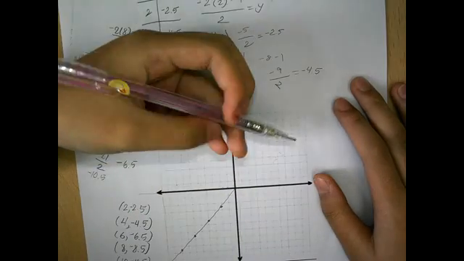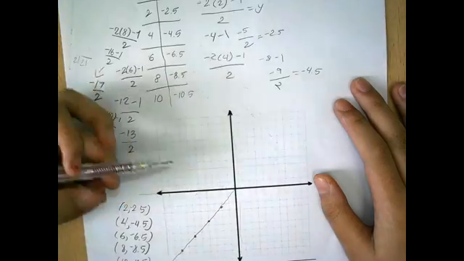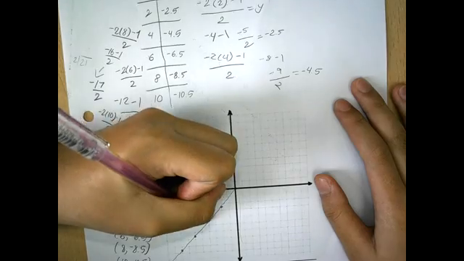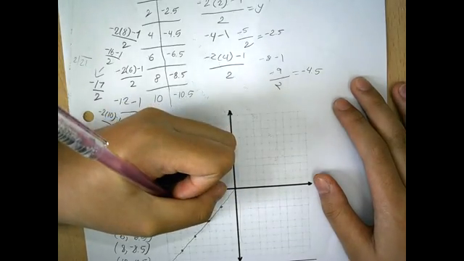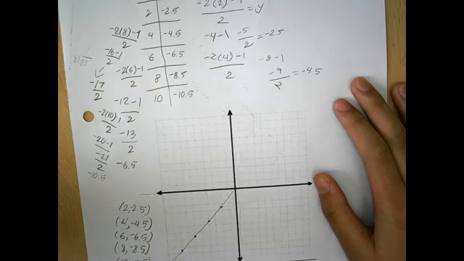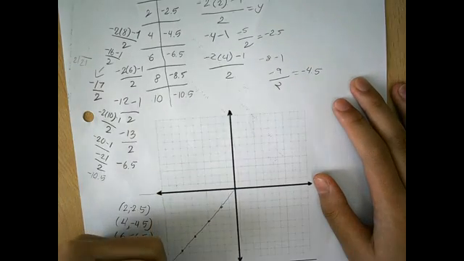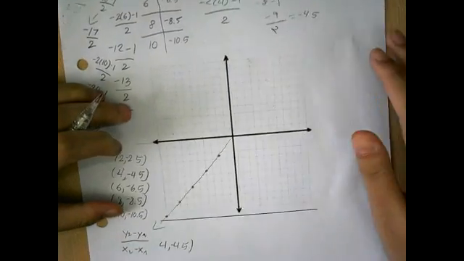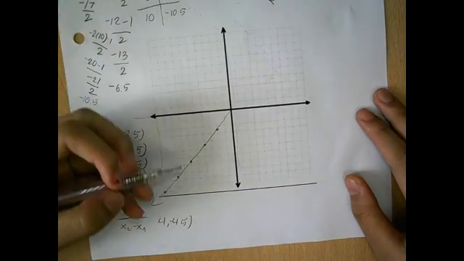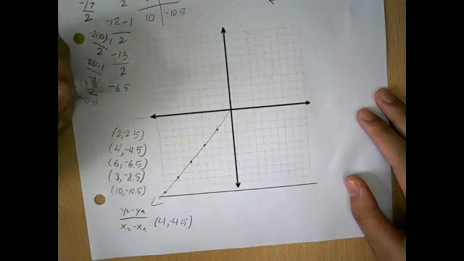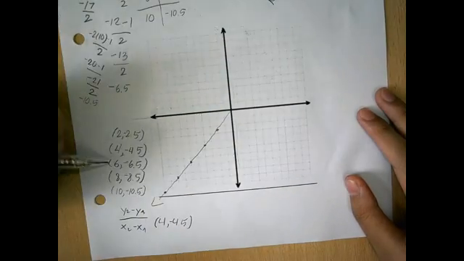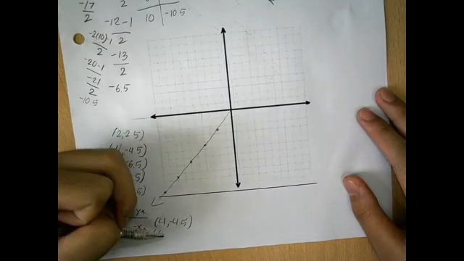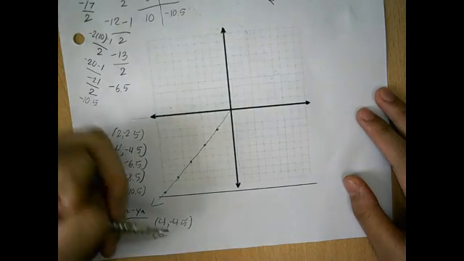So I'll pick, let's say it runs through the coordinates 4 and negative 4.5, then we have 6 and negative 6.5.